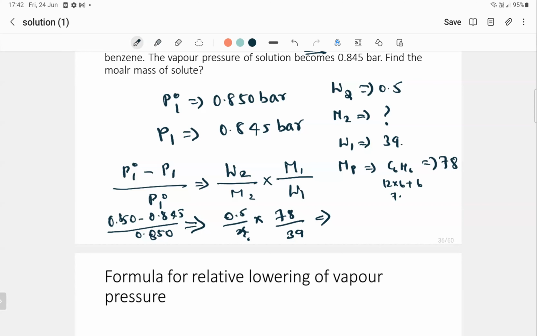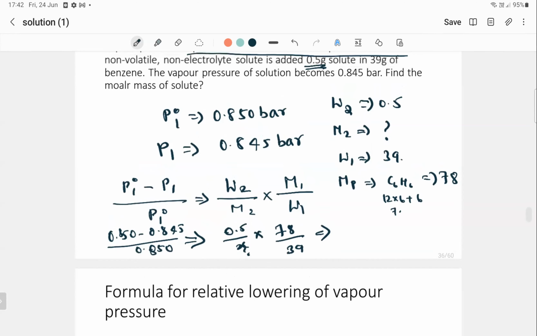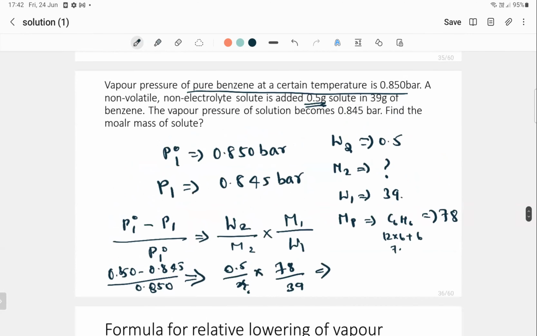And do remember, there are just two parameters. This P1 is for the solution, and pure means P1 naught. There is no other formula. P1 naught, this is the formula. Shall we go to the next one? There is one more small thing.